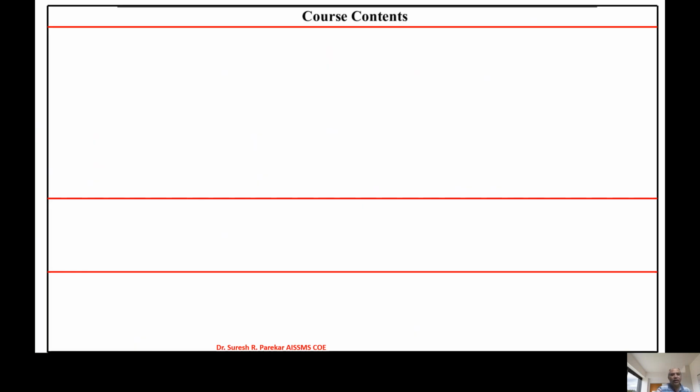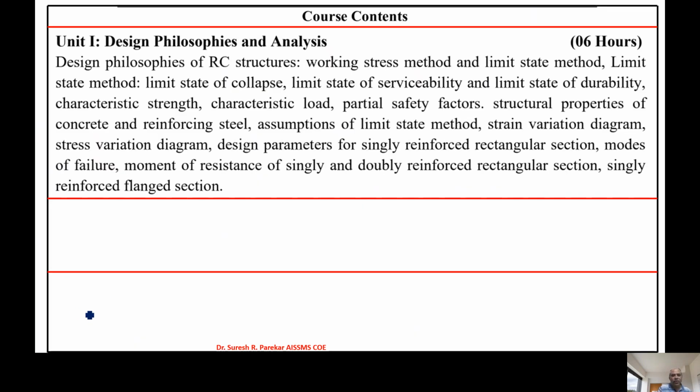Now you can see unit 1. In unit 1 we have this theory. First we have to study the working stress method and limit state method. Then we will go directly to the limit state method. So we have limit state of collapse, limit state of serviceability and limit state of durability.